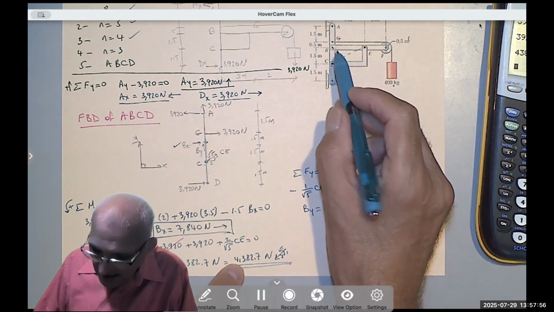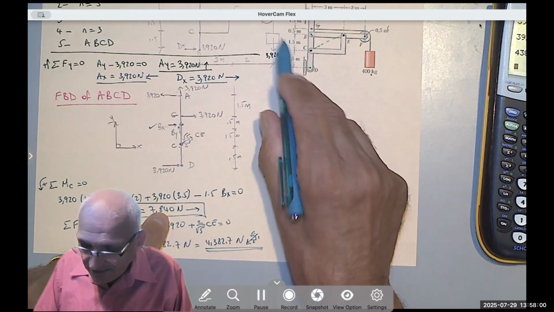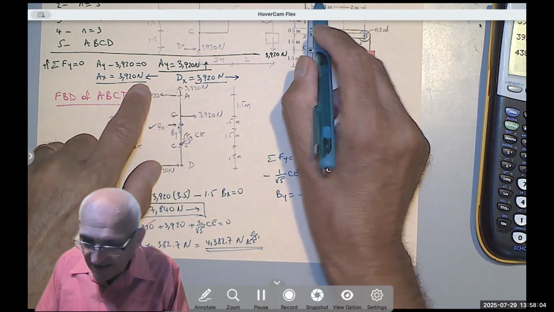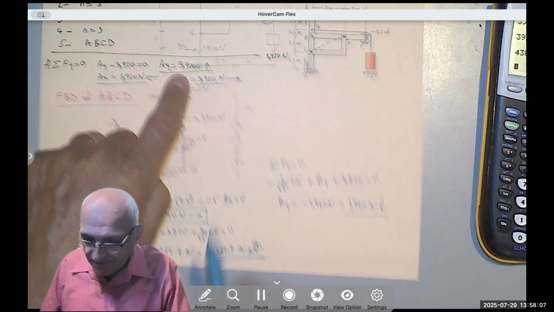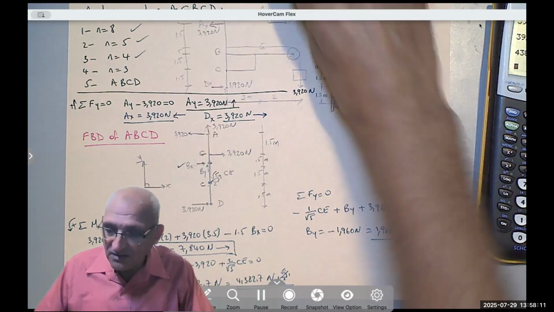Then at B, I have bx to the right and by down. Here there is the tension. At A, I have ax to the left and ay up. And these are all the forces acting on the member.